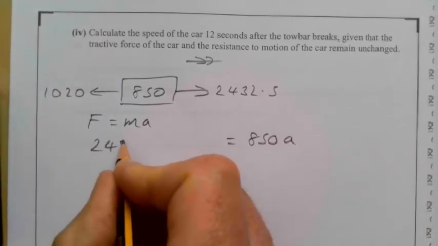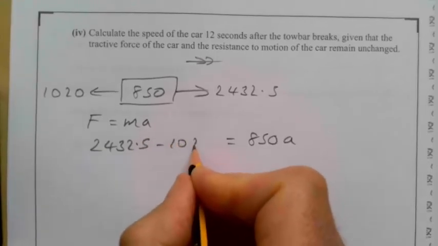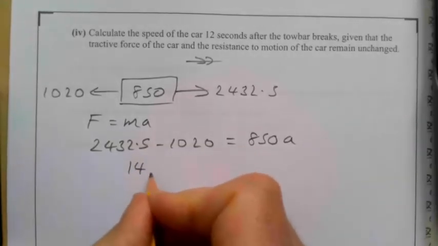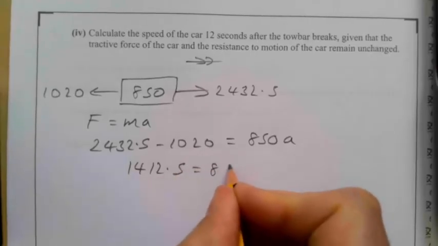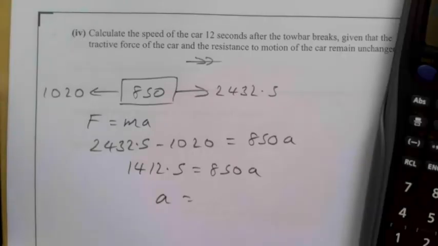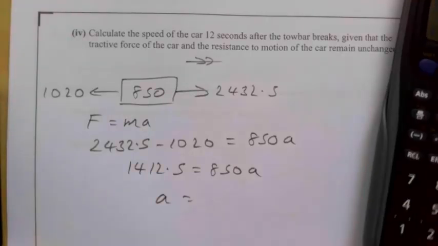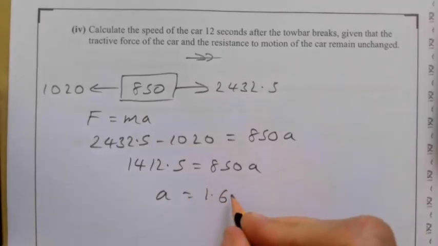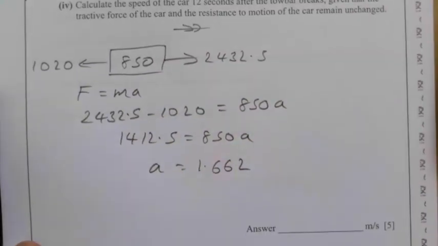And then 2432.5, take away 1020, equals 1412.5. That's 850A. So A is this divided by 850, and that gives me 1.662, to a few decimal places.